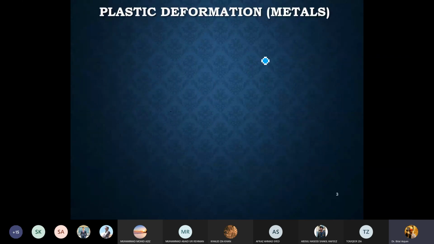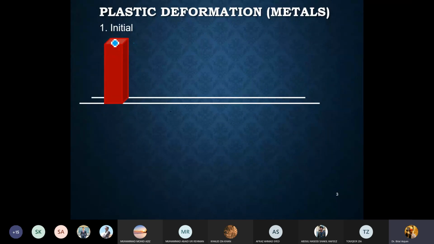Moving on towards the plastic deformation in metals, again you have the same rectangular bar that is stationary at the initial position, and you have this region of atoms that you have looked into. The atoms are equally spaced apart, following a certain order, as you already know.